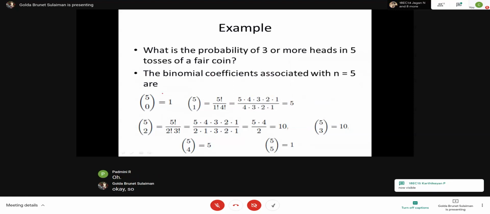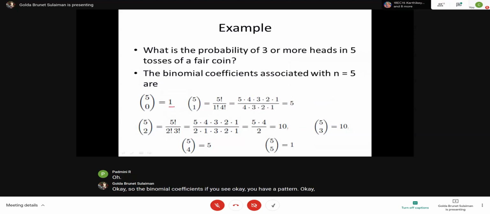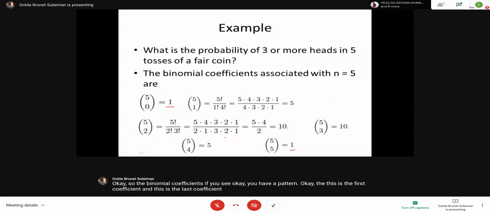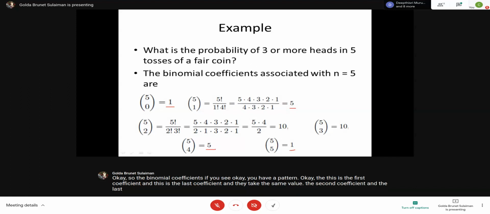Okay, so the binomial coefficients, if you see, you have a pattern. This is the first coefficient and this is the last coefficient, and they take the same value. The second coefficient and the last but one coefficient will also take the same value. So it is kind of a symmetric one.